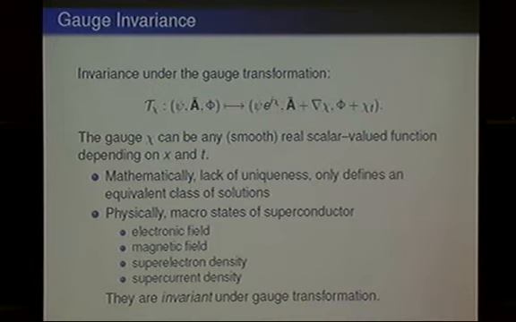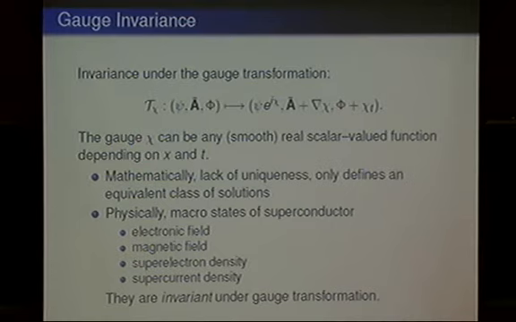Mathematically speaking, gauge invariance reflects the lack of uniqueness of the solutions of the equation. The invariance under the gauge only defines equivalence classes of solutions. After we impose a gauge, we can prove the uniqueness of the solution.